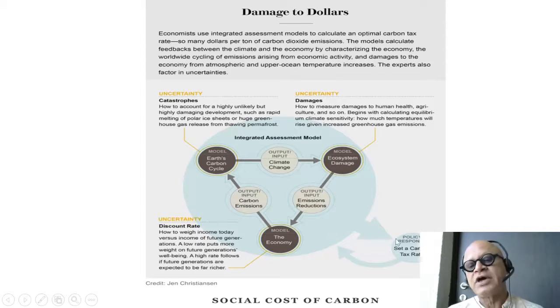Okay, so together they should impact policy response set as a carbon tax rate. Well, not always, but this is what this example is showing. And then there is the discount rate that we talked about.